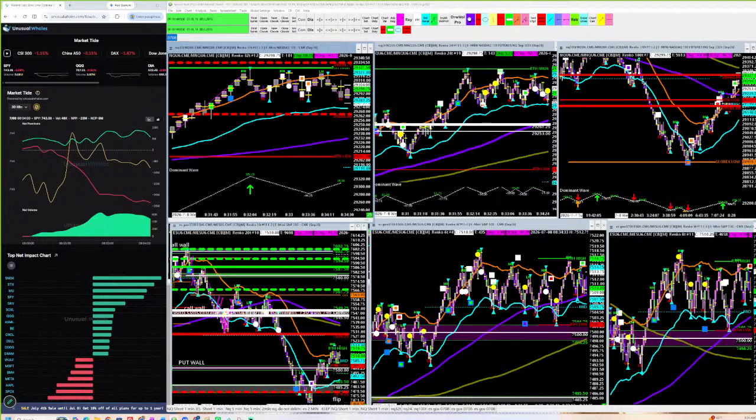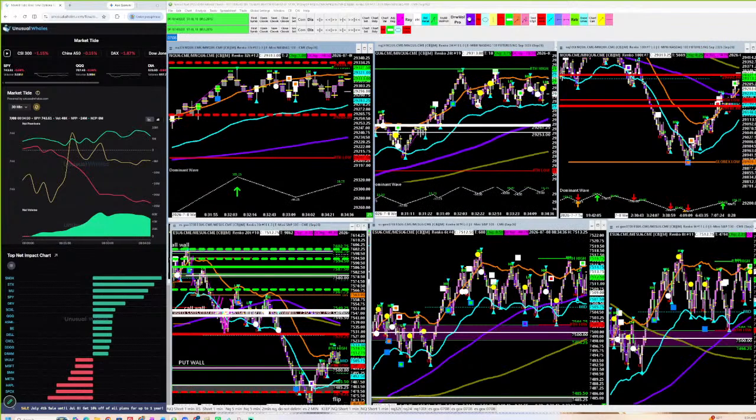Looking for that cross, looking for volume to go negative. If not, it's up. Like that makes sense when you think about it.